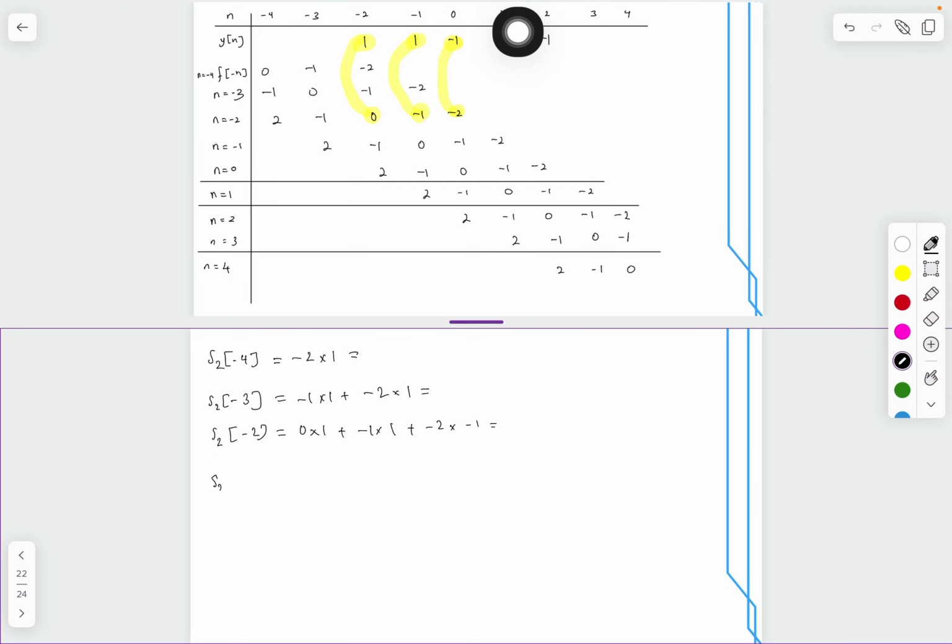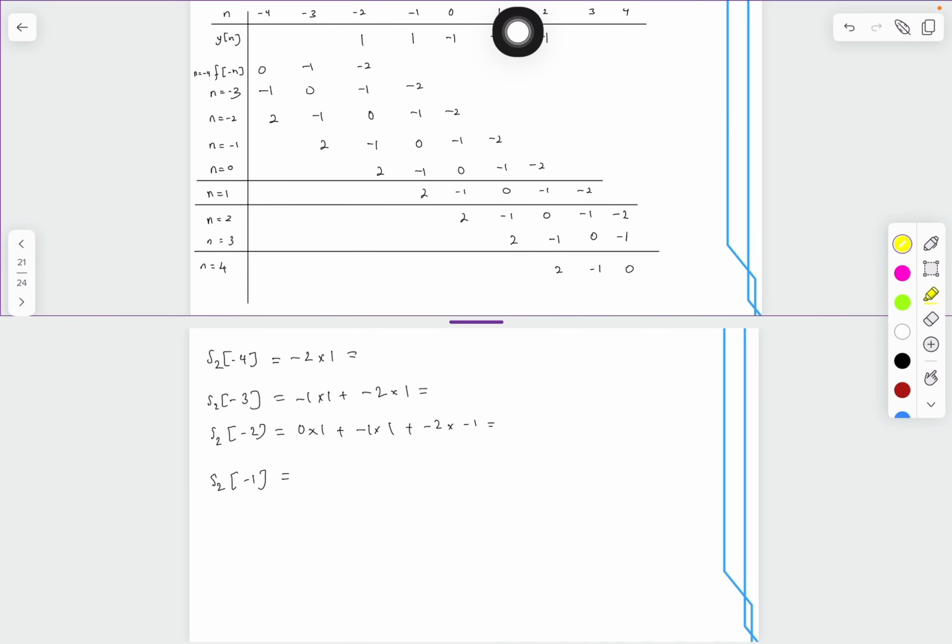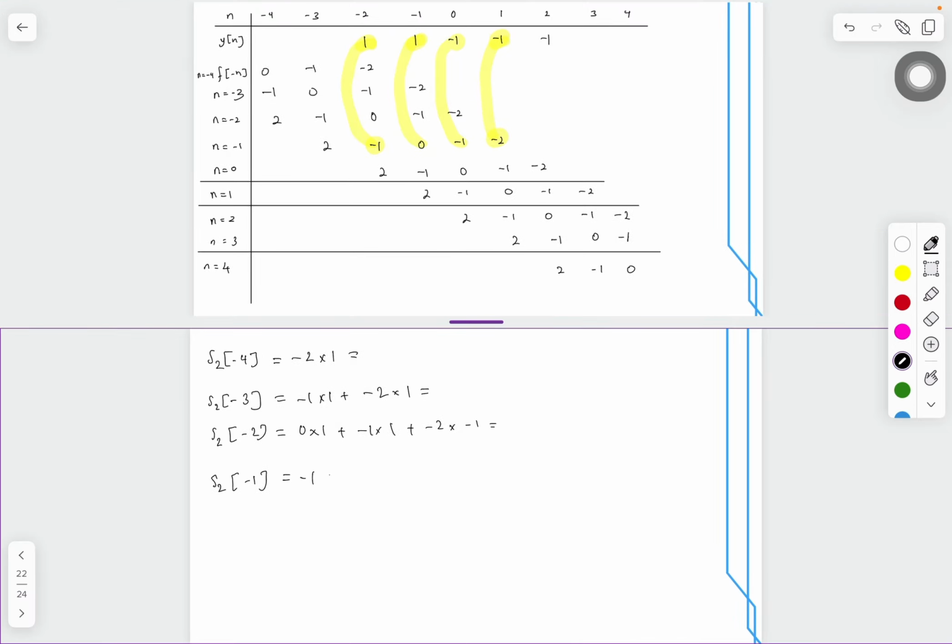So S2 at -1, the overlap is going to be this row and this one. I think I will also just leave the answers because it's a repetitive process.